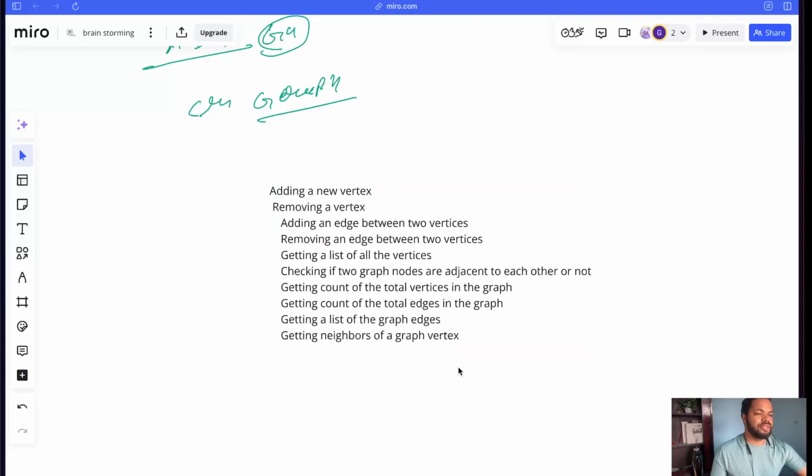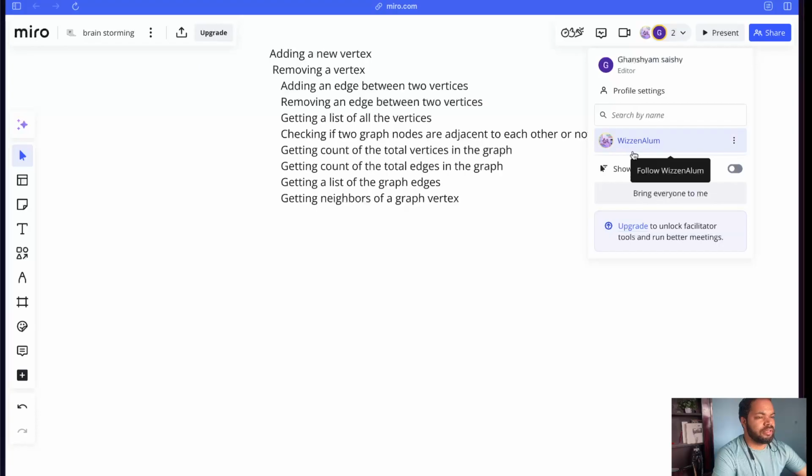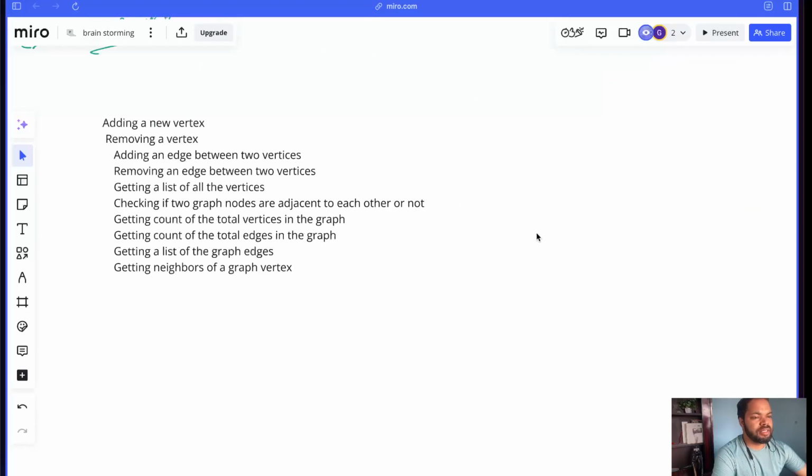Now you will see all of them. Now we have adding a vertex and removing a vertex and all of them. If you talk about adding a vertex, which representation will we be using? We will definitely be using the list representation of the graph.